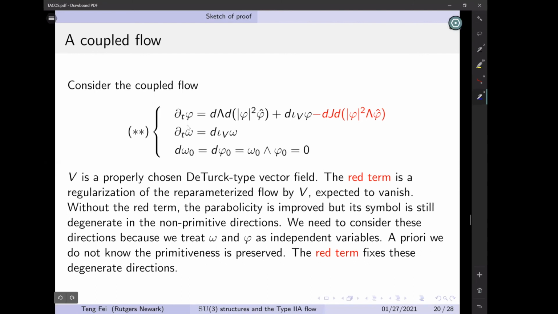And also you evolve omega by the leading order term of the Lie derivative, because we know there's this Cartan's formula.